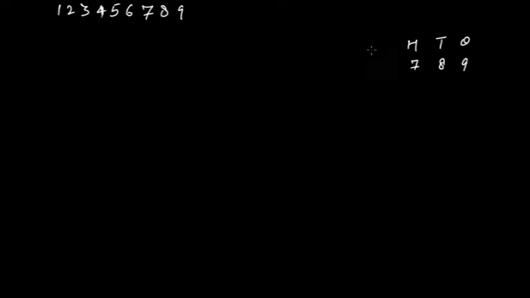Then comes thousands and then 10,000s. So write 6 here, then 5 here. Then comes lakh and then 10 lakh. So write 4 here and 3 here. Then comes crore and 10 crore. So write 2 here, write 1 here.